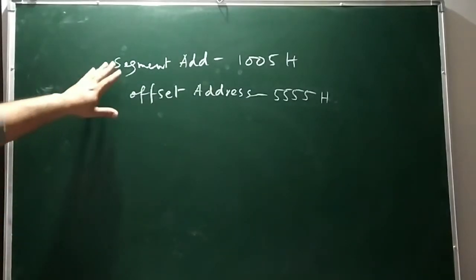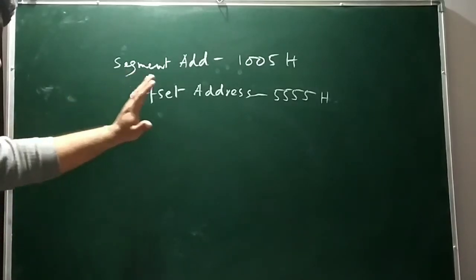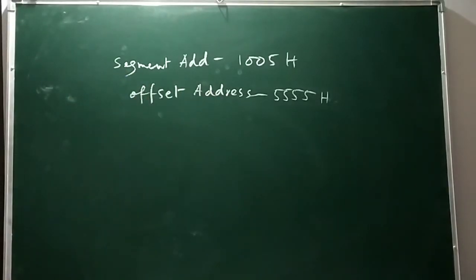So we have segment address as 1005H, offset address as 5555H.